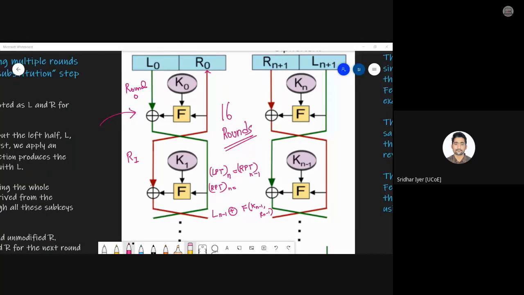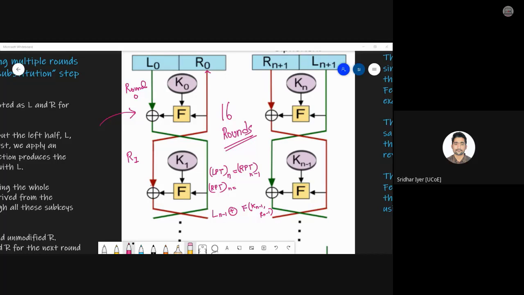Now we are going to learn in detail, whenever we start with DES, that the function block consists of n number of operations. It requires some key and an input, the right plain text, and whatever is the output of that function is XORed with the left plain text, and the result is sent as the new right plain text. Am I clear?